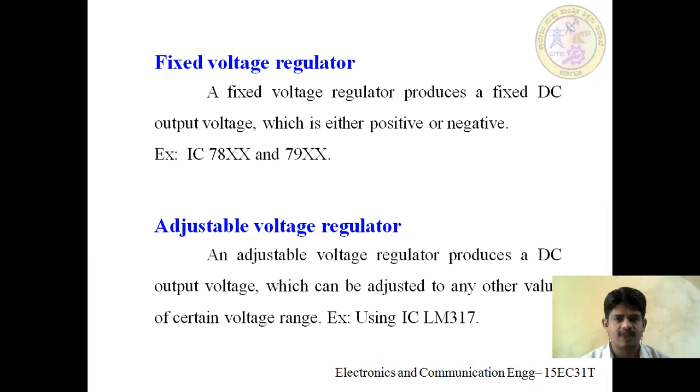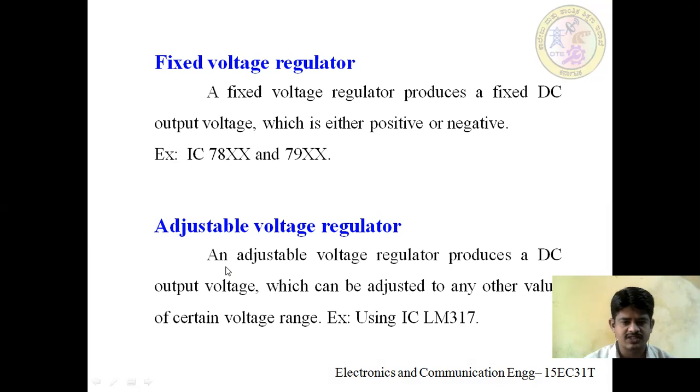Sometimes I may need 5 volts, sometimes 10 volts, 15 volts. So as per my requirement, the voltage requirement may vary. In that case, the fixed voltage regulator may not be helpful to us because it will be providing only one fixed value. Even though we can get different voltages from fixed regulators by using different ICs of different values, in adjustable, using a single IC only, we can get the different voltages. So that is the adjustable voltage regulator.